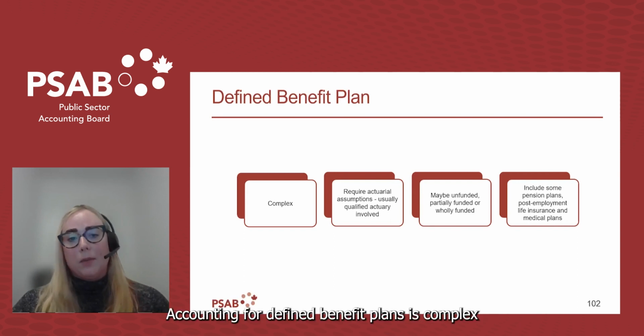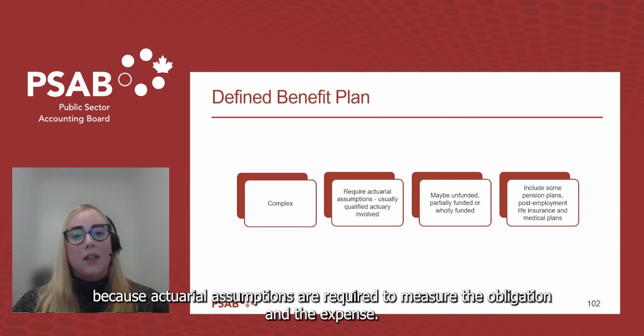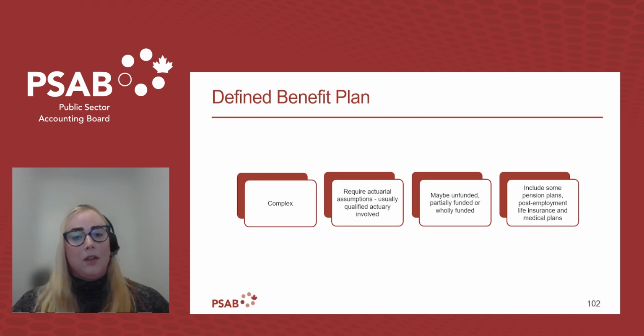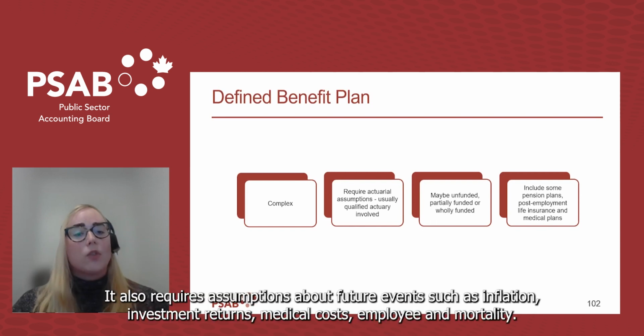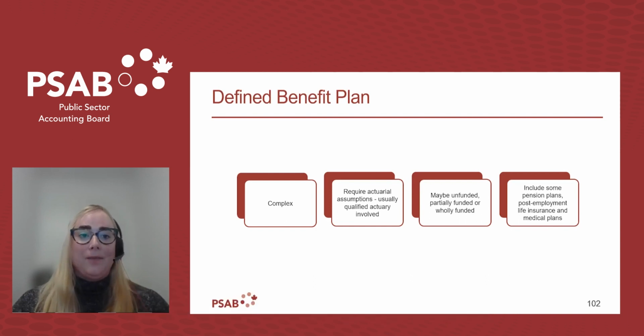Accounting for defined benefit plans is complex because actuarial assumptions are required to measure the obligation and the expense. Determining such amounts involves not only accounting for past transactions and events, it also requires assumptions about future events, such as inflation, investment returns, medical costs, employee turnover, and mortality.